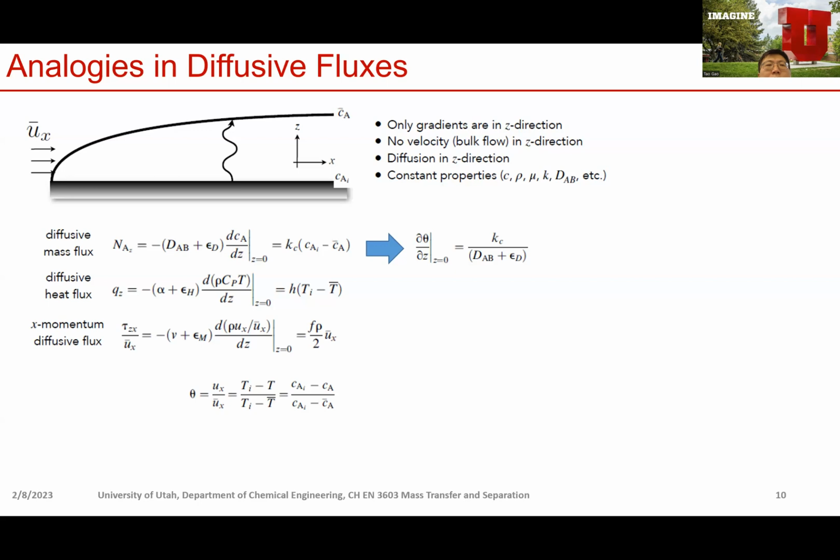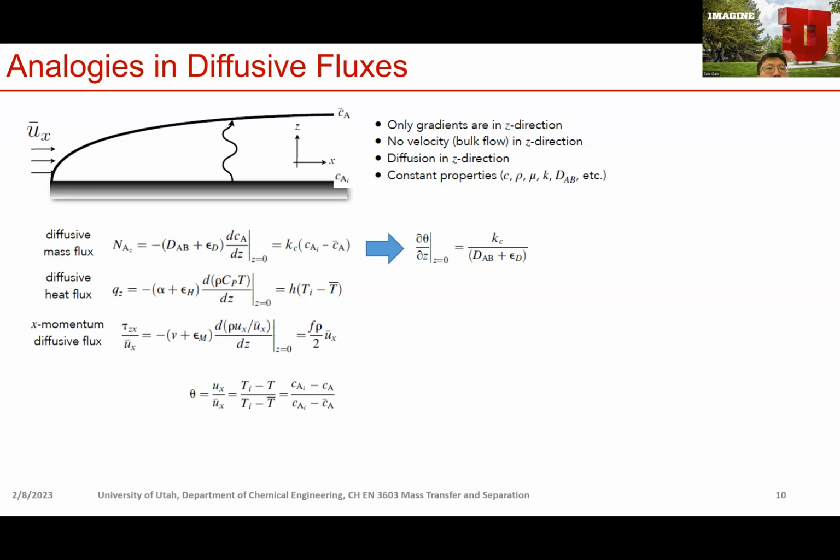In Monday's lecture, we basically introduced the concept of eddy diffusion, which is a new mechanism of mass transfer when we have a system that has turbulent flow and eddies. This mass transfer mechanism behaves similar to molecular diffusion.